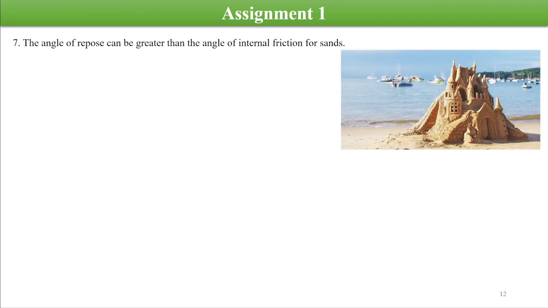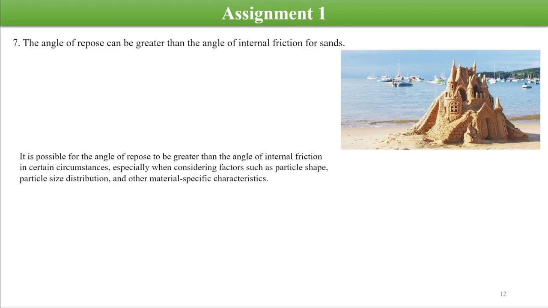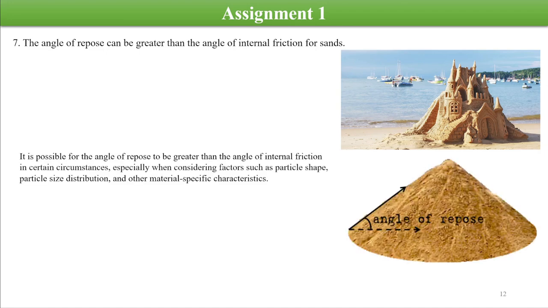And the other question was whether the angle of repose can be greater than the angle of internal friction of sands or not. For that, the angle of repose is the angle which a heap of dry loose soil makes when you drop it.